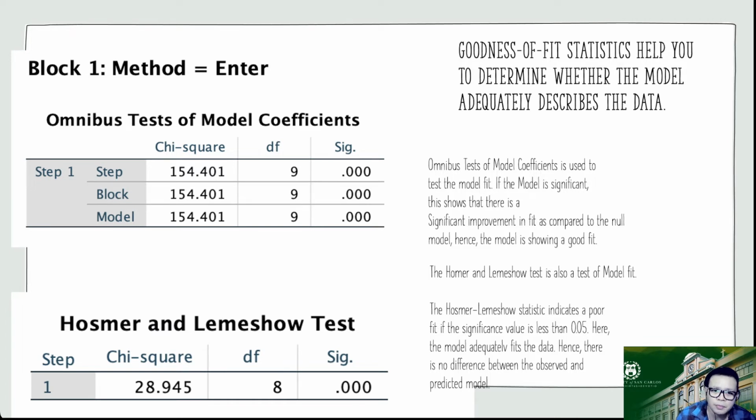The Hosmer and Lemeshow test is also a test of model fit. The significance is 0.000, less than 0.05, meaning the model adequately fits the data. Hence, there is no difference between the observed and predicted model.